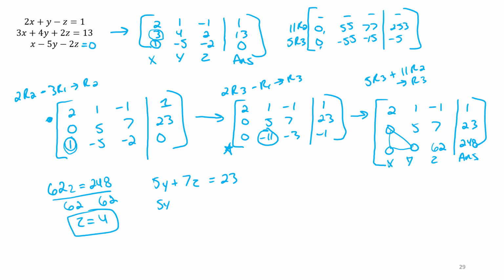So 5y plus 7 times 4 equaling 23. 5y plus 28 equaling 23. Subtract 28 from the left side and move it over to the right. And we would see that y is equal to negative 1.